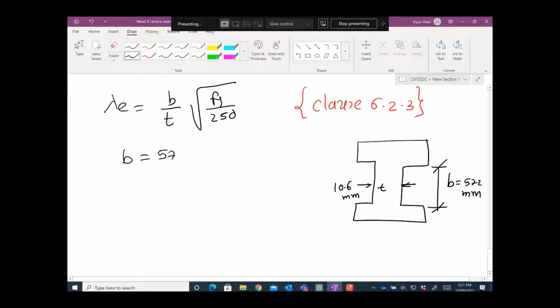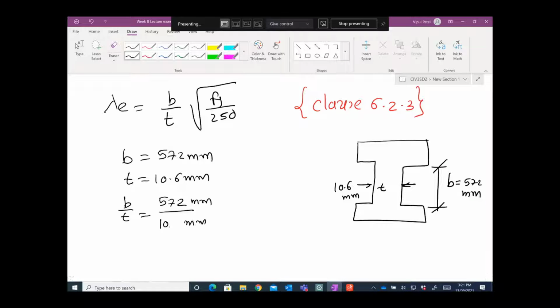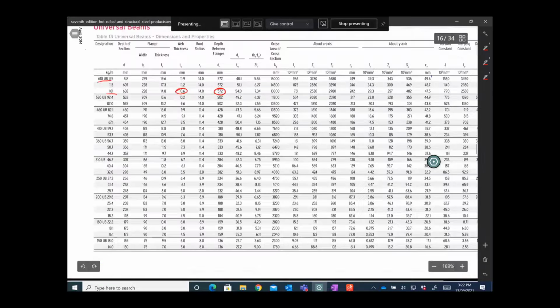So let's calculate B first. B is equal to 572 millimeters. Thickness is equal to 10.6 millimeters. B on T is equal to 572 millimeters over 10.6 millimeters. Let me calculate that: 572 over 10.6, you get 54, or you can say 50. Let me check with this one.